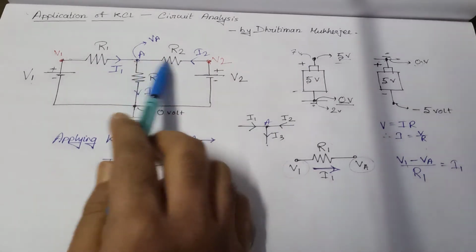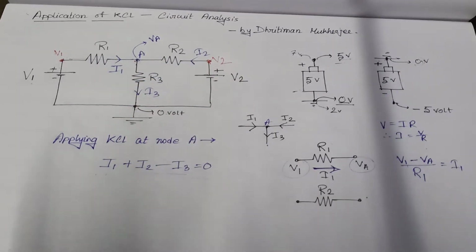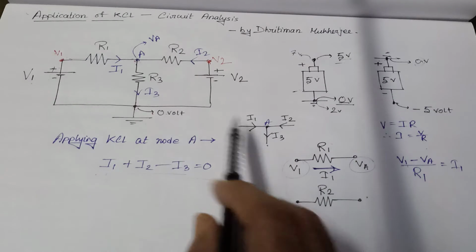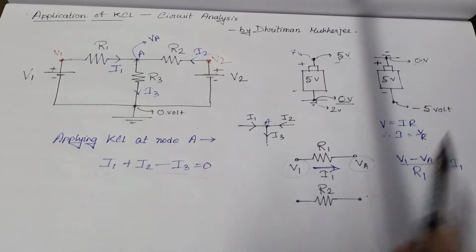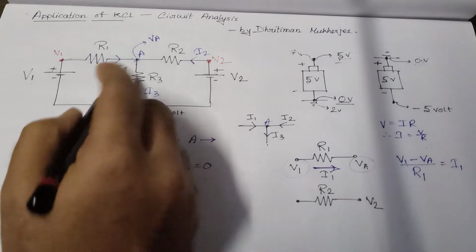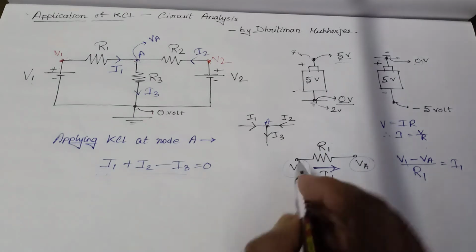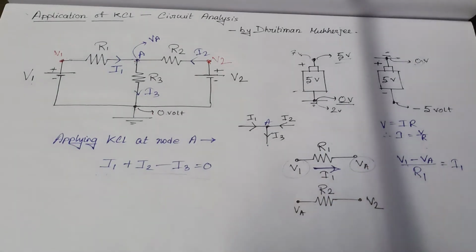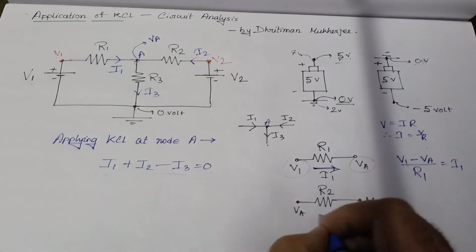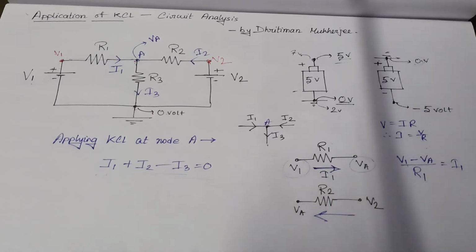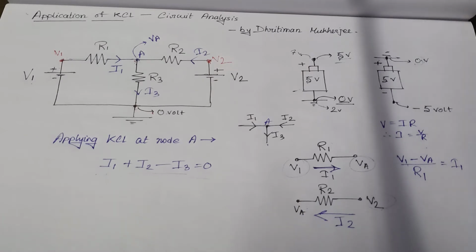Now suppose I consider this path, with the resistance R2. This terminal V2 is this, and this terminal VA is this. The direction of current is from right to left, and the current is I2. It means V2 is higher potential and VA is lower potential.